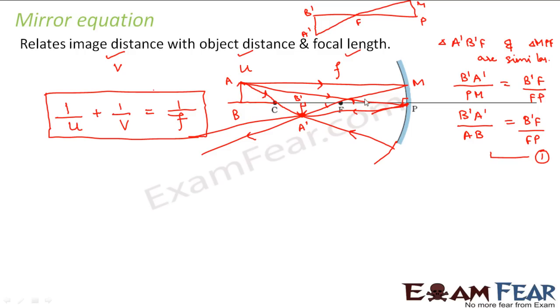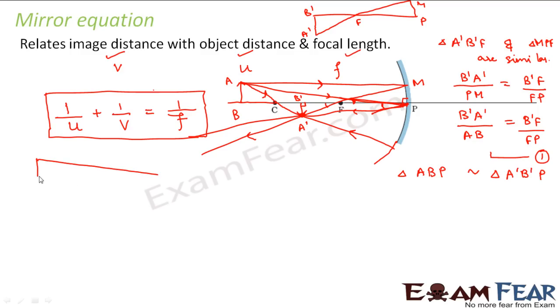Now looking at this diagram, this angle and this angle will remain the same. Here I have not drawn it very nicely. The oblique angle with the pole will be equal to the angle with which it is getting reflected. That means if this angle is angle 1 and this angle is angle 2, then angle 1 is equal to angle 2. Therefore, triangle ABP will be similar to triangle A dash B dash P. Let me draw these two triangles separately.